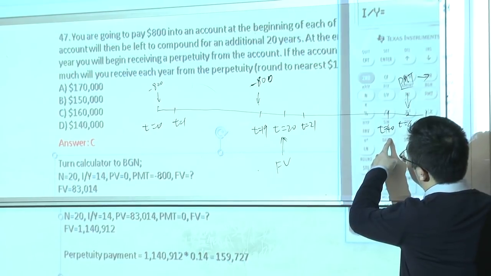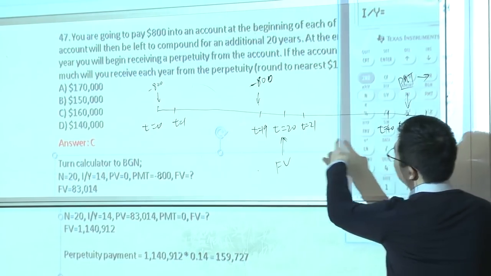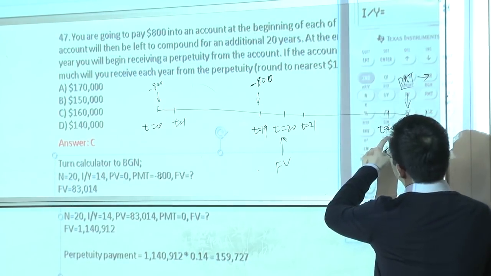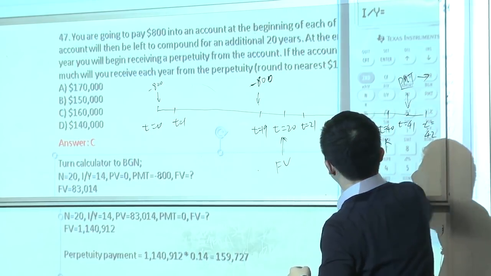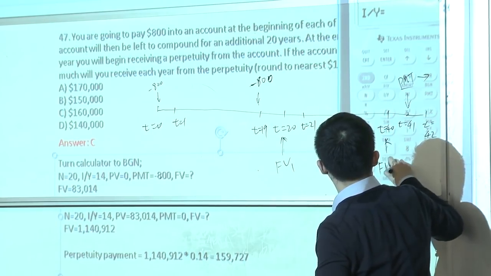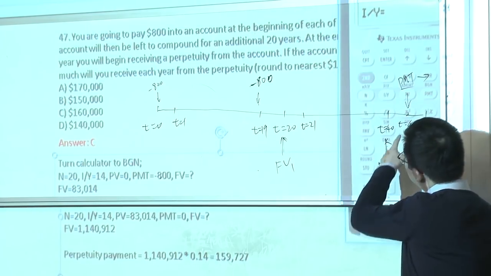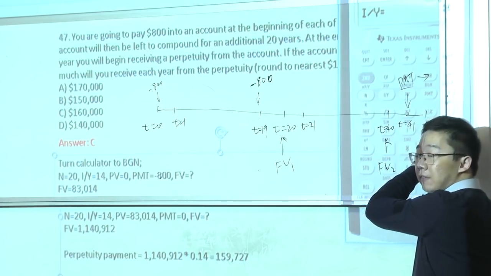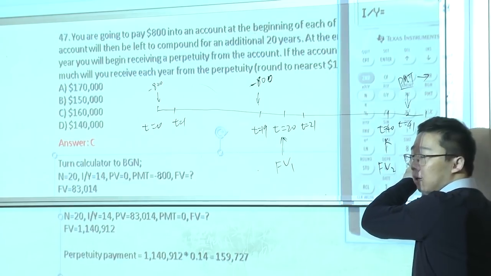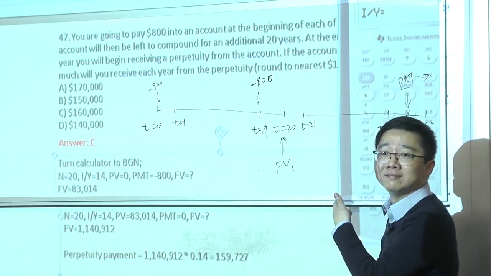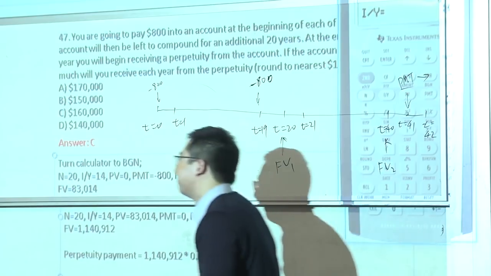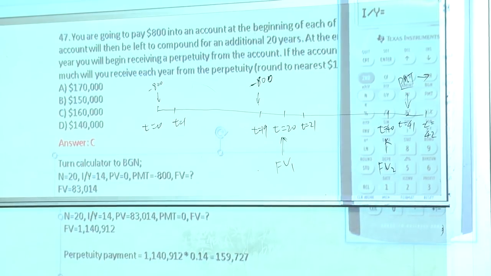That's future value 1, that's future value 2. So that is the present value of that PMT, of that perpetuity, right? Okay, are you following me? No? Okay, never mind. Now let me repeat this.